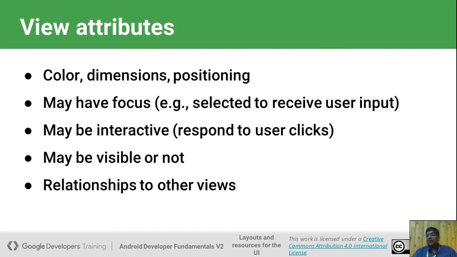If you want to change the positioning, we use the gravity attributes. A view may have focus selected to receive user input, may be interactive and respond to user clicks, may be visible or not, and has relationships to other views. Those are the attributes of a view.